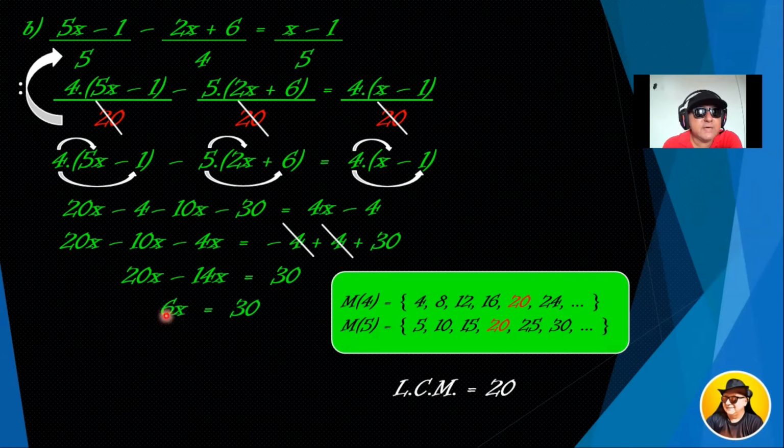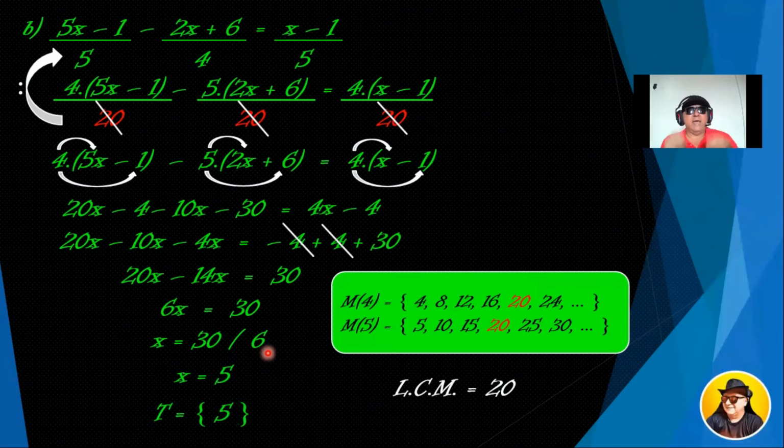This number 6 goes to the right side of the equation, dividing. So now we have x is 30 divided by 6. Is it possible to divide? Sure it is. 30 divided by 6 is 5. So x is 5. The solution set is 5. So this is the end of question B.